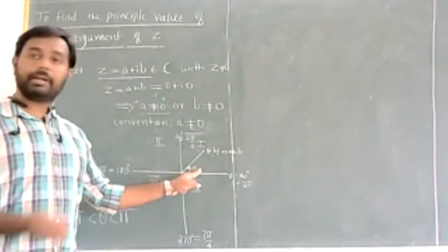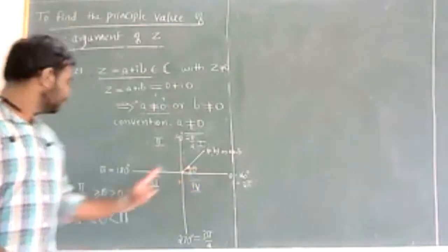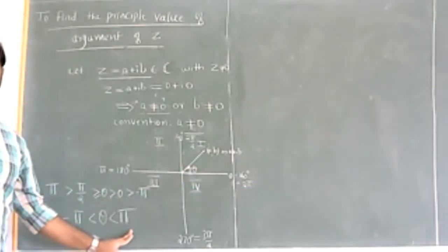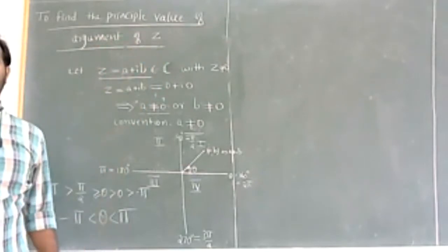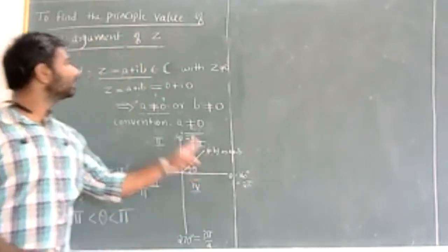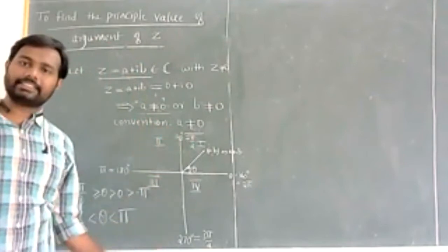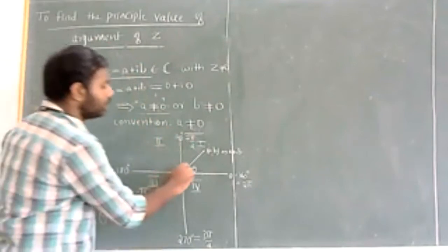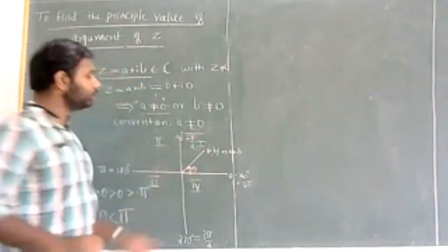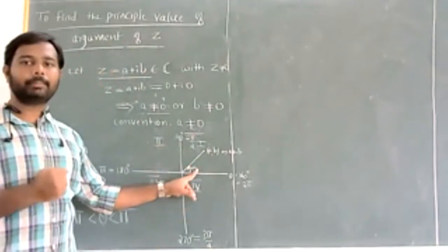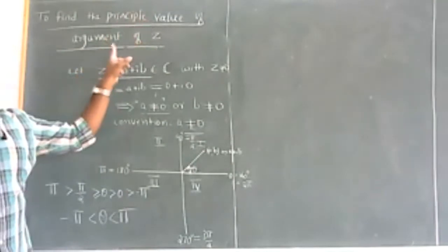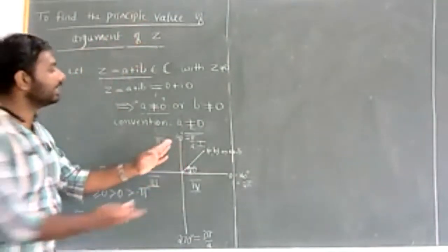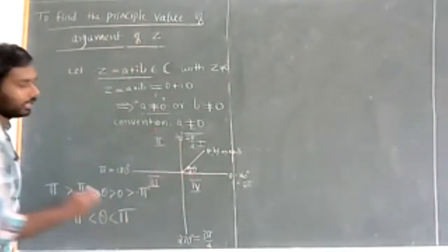So the argument value which I have got lies between -pi and pi, which is nothing but the principal value of argument of z. Hence, whenever the complex number is in the first quadrant, the argument value we get will itself be the principal value of argument of z, as it lies between -pi and pi.